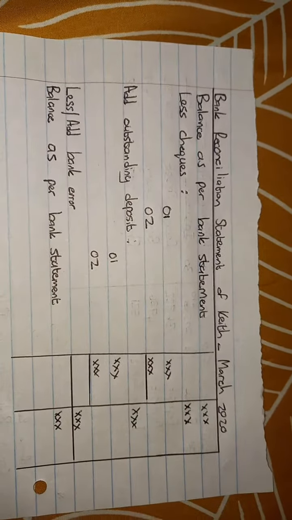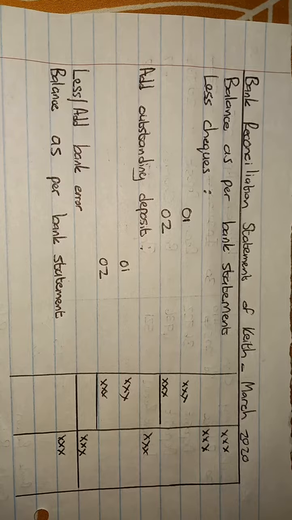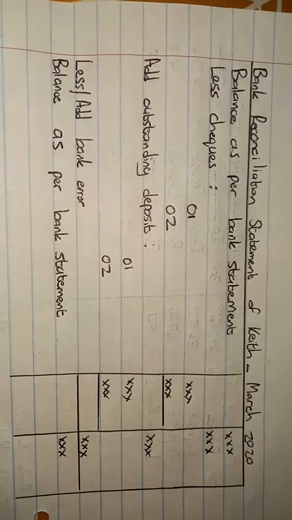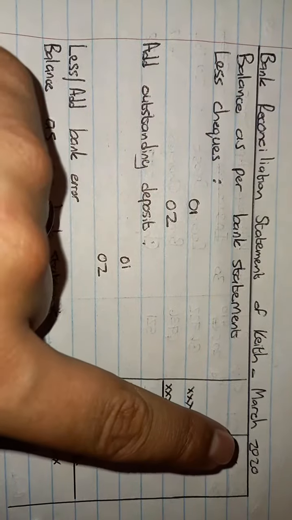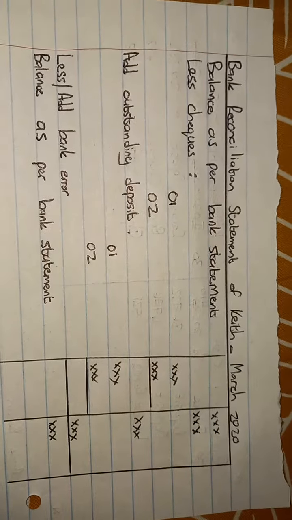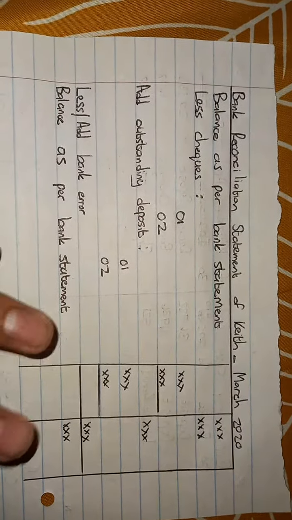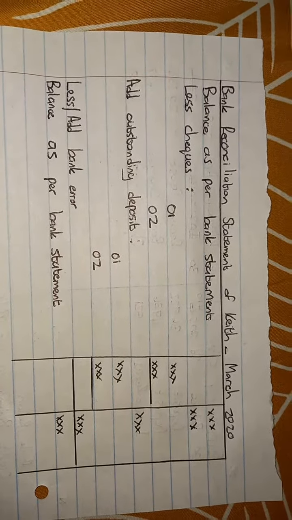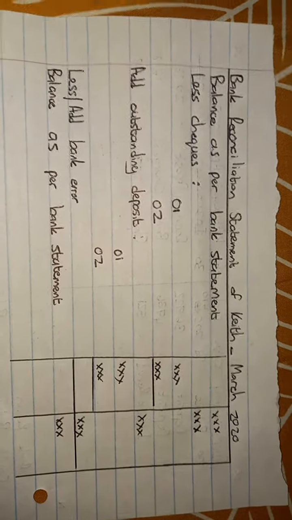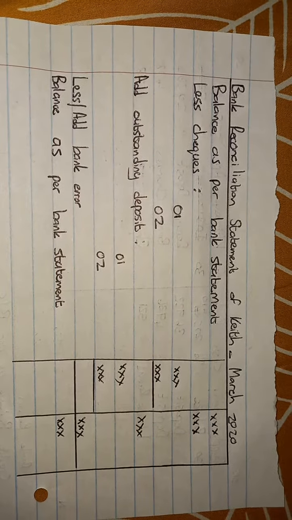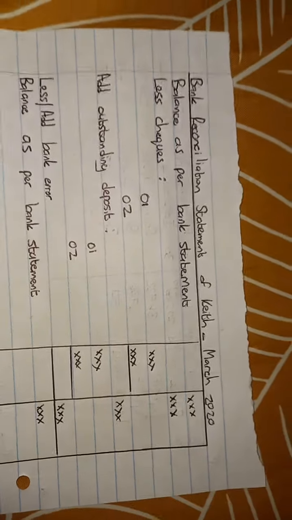If they give a bank statement, then you look for the last balance in the bank statement, and that's what you would enter in the last column. I forgot to mention earlier, for this whole layout, there's no easy way around it. You have to learn it off by heart. Hopefully, if you know what each of these things mean, it might make the work a little bit easier. So, yeah, let's continue then.